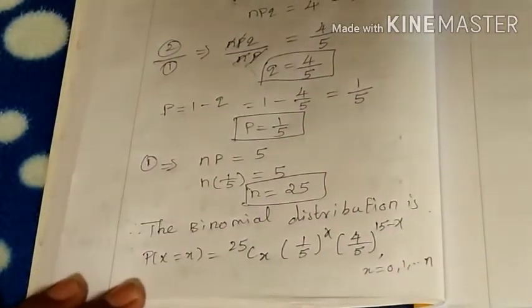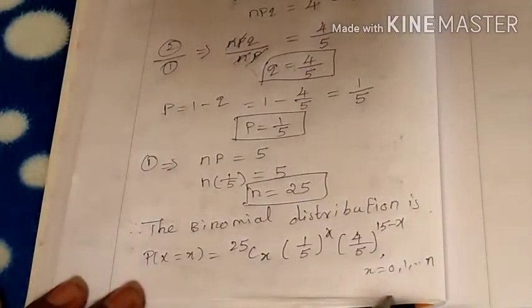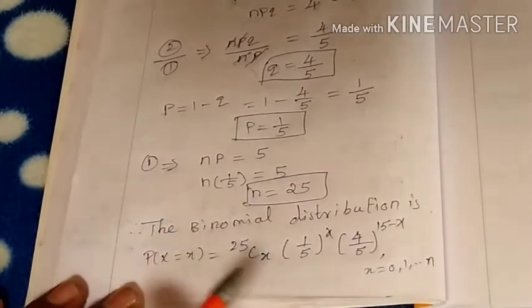Okay, that's all. This is the general form of the binomial distribution. That's all for your 16th question. Have you understood the 16th question?